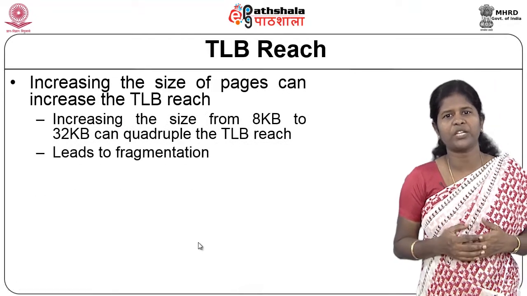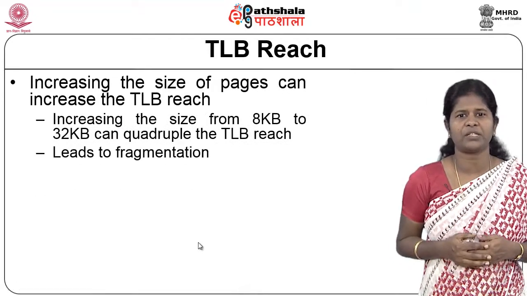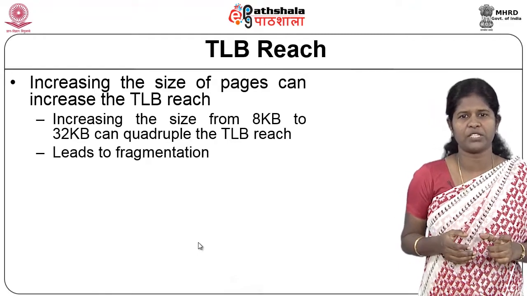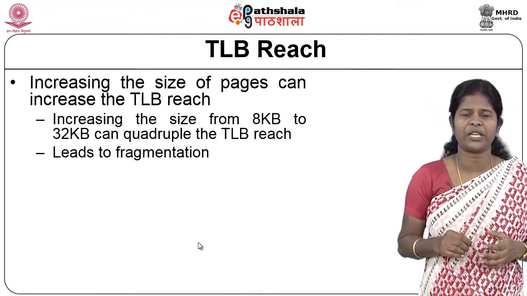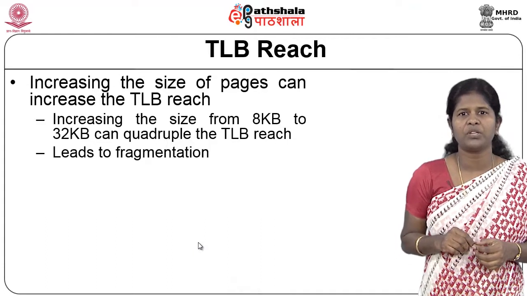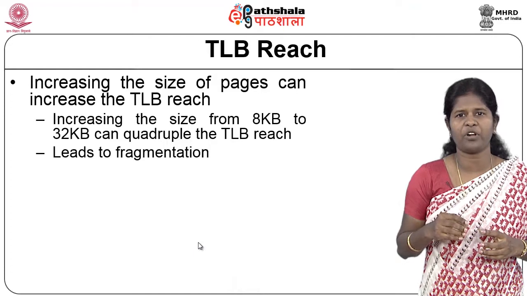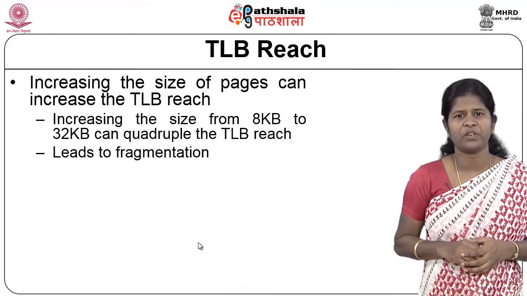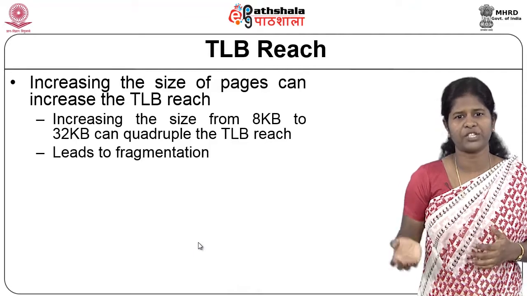And another way in which you can increase the TLB reach is to increase the size of pages. When you increase the size of pages, the number of pages will become small, so you can have more information about pages kept in the TLB. So, you can have a better TLB reach.